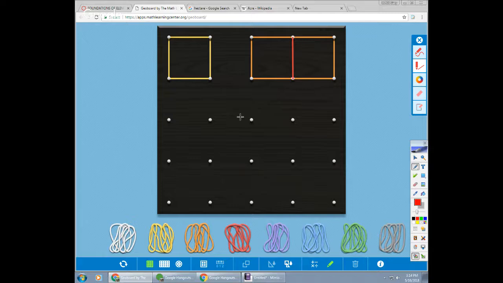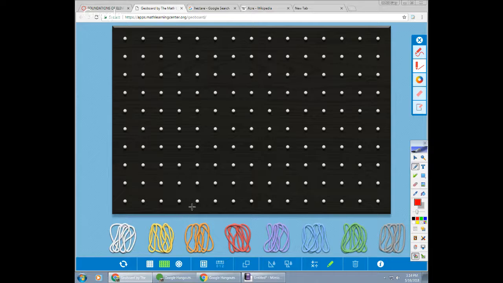And for those of you using this online geoboard, at the bottom there's the little geoboard and the bigger geoboard. Let's switch to the bigger one. Oh, I'm still on the pen. Let's clear that. So we're going to make 3 different ones that are 2.5.